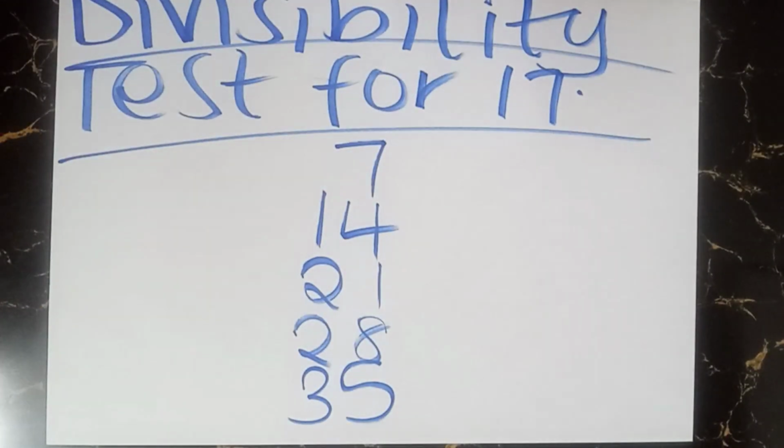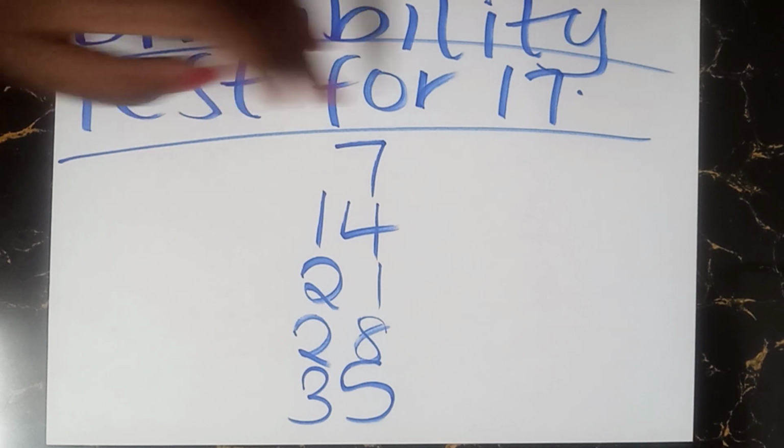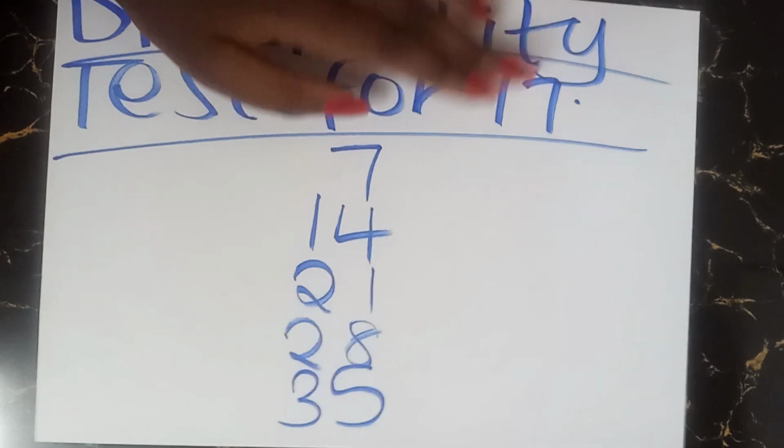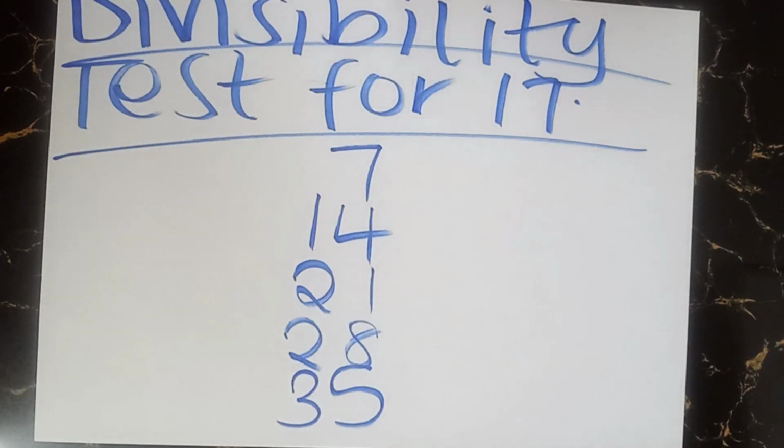After writing the multiplication table for the digit in the ones place, we'll now add and subtract the digit in the tens place, which in our case is 1. We add and subtract the multiples of 7 by 1 until we get 17 or a multiple of 17 as our final answer.